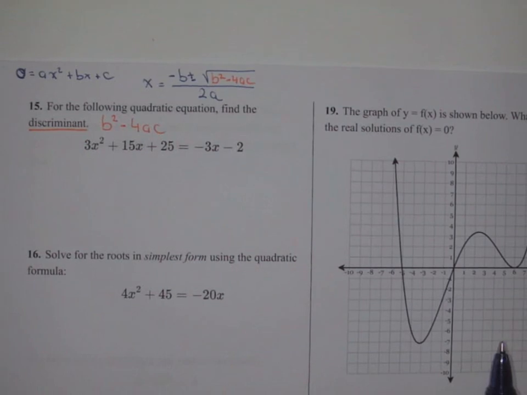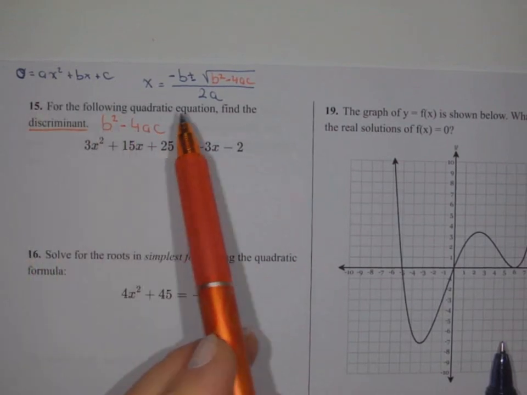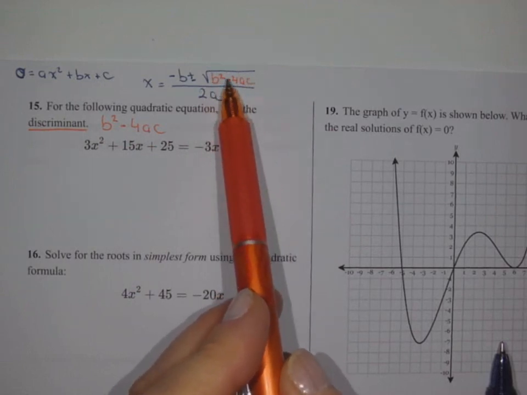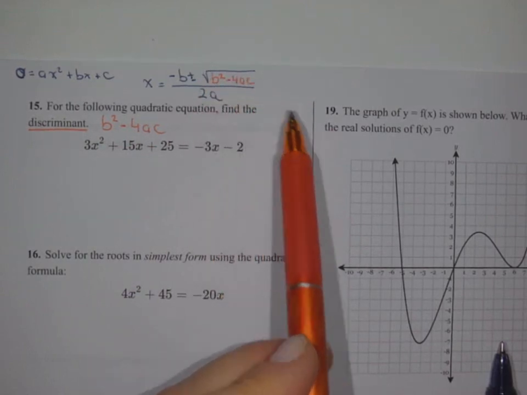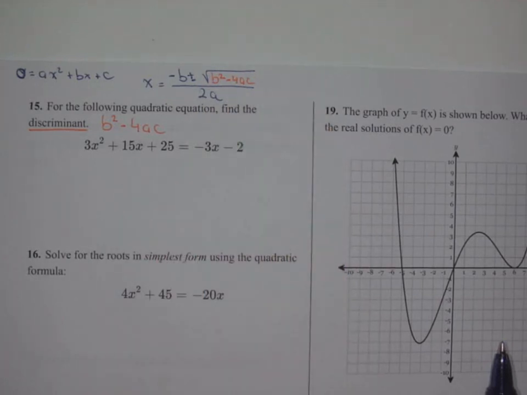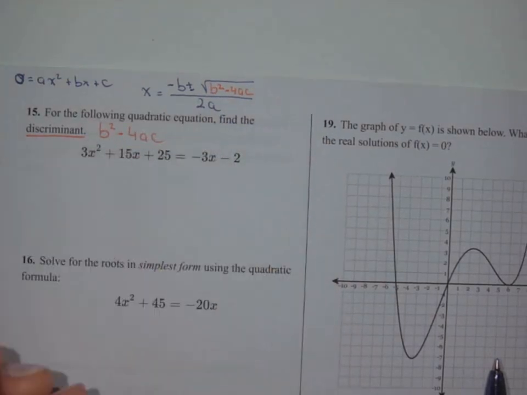How does it discriminate? Well, think about it. If when you put that in your calculator, you get a positive number, you're going to have the square root of a positive number.